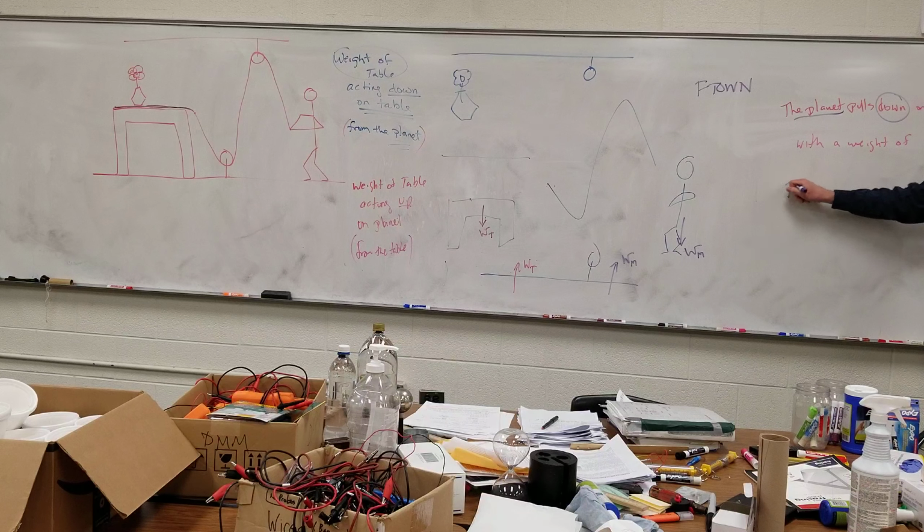So this would then be the table pulls up on the planet with a weight of 20 newtons. So, as illustrated there. Because the table and the planet are being pulled towards each other.